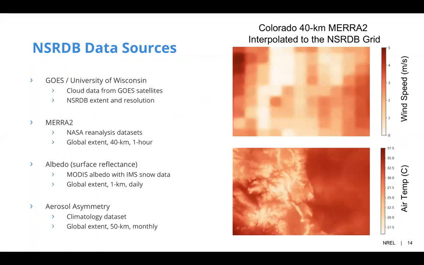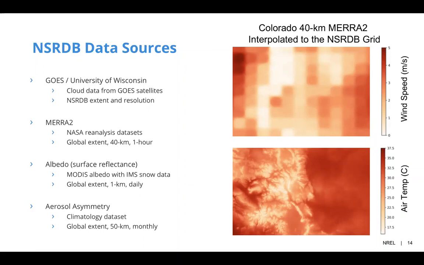So, a couple of examples of what's in the data. The NSRDB is an agglomeration of a bunch of different sources. The irradiance data is computed using the GOES satellite imagery data, where the cloud cover is extracted by the University of Wisconsin. We then integrate that with a bunch of other data sources. MERRA-2 gives us a lot of our weather variables.